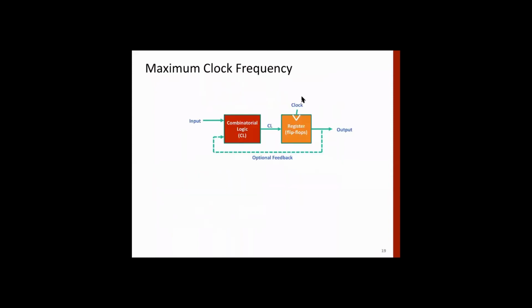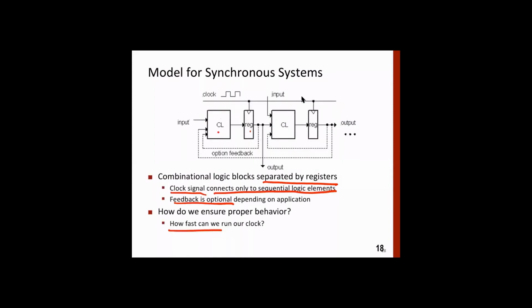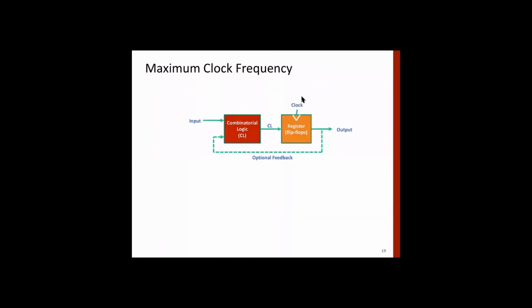Okay, so now let's see how fast we can run our clock if we have this kind of design. And this is actually the way we structure our data path. Okay, so let's look at only something that is between two registers. Of course we have not shown registers here. Just one register, and one combination logic block.